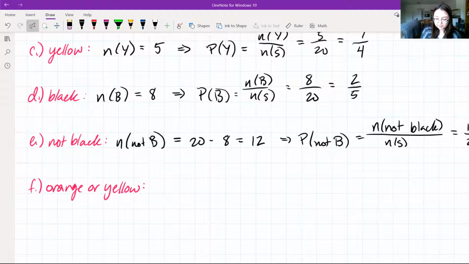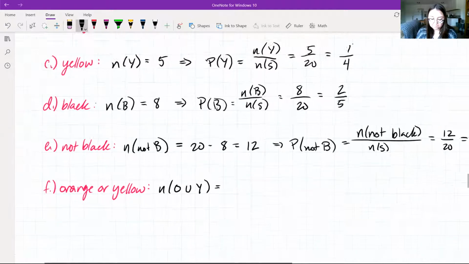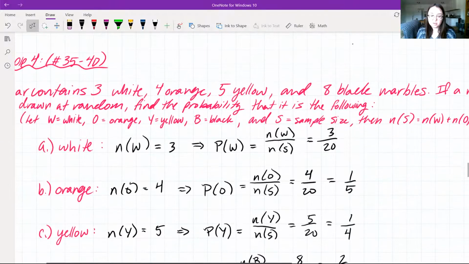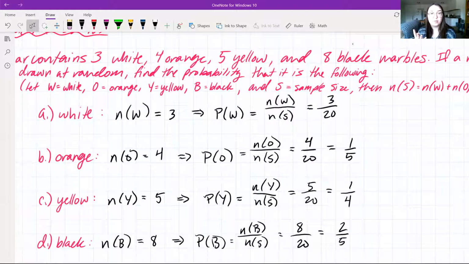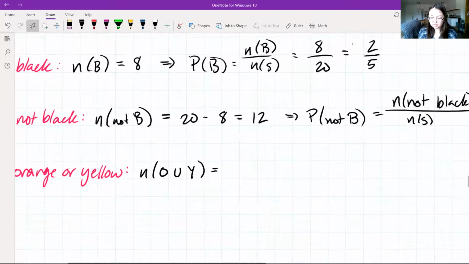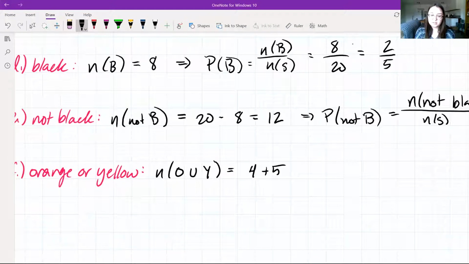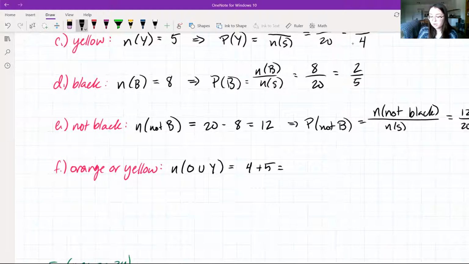So what we're going to do is say that this is going to be N of O union Y. Then, if we just want it to be orange or yellow, we know that there are 4 orange marbles and 5 yellow marbles. Okay, 4 plus 5. So we know that this is going to equal 9.